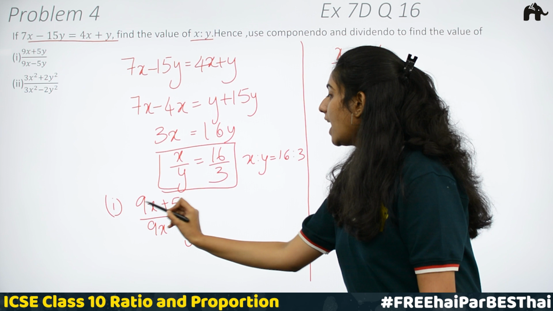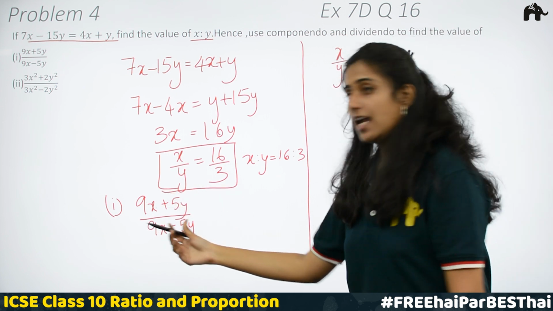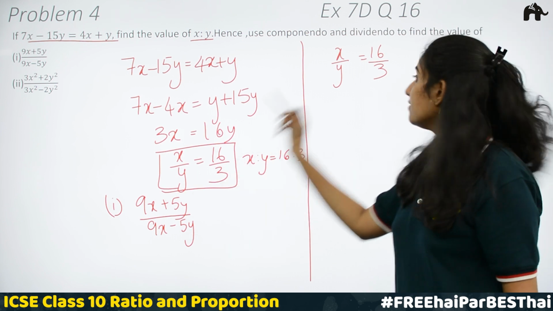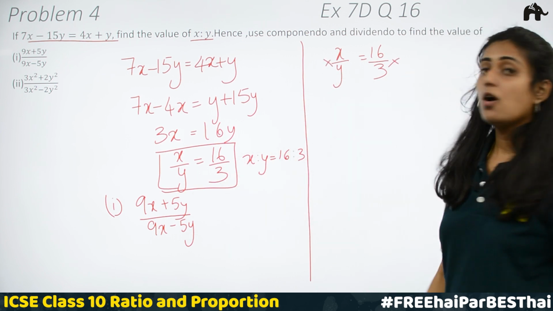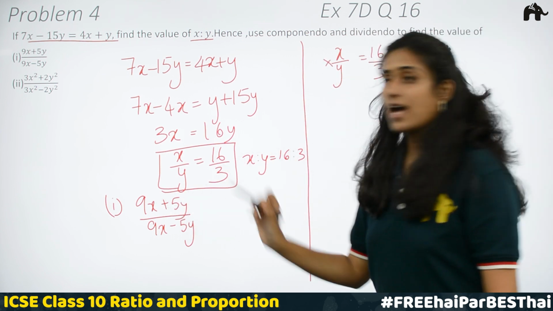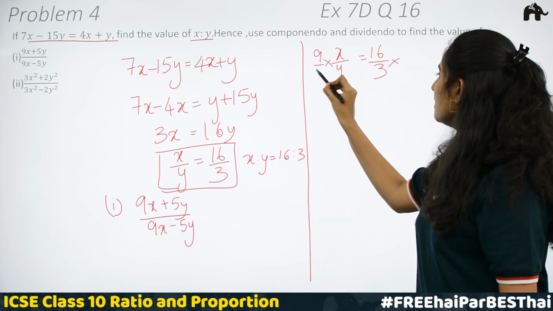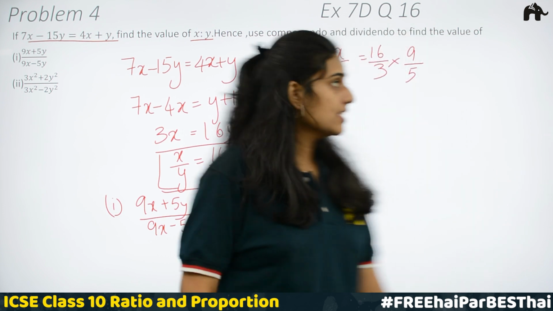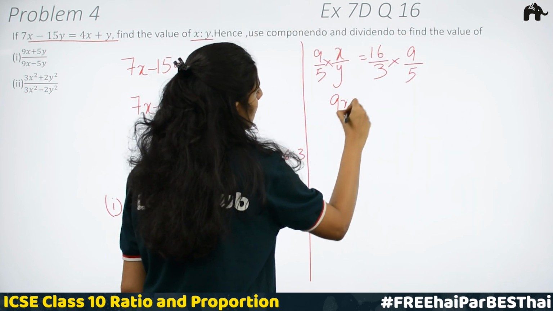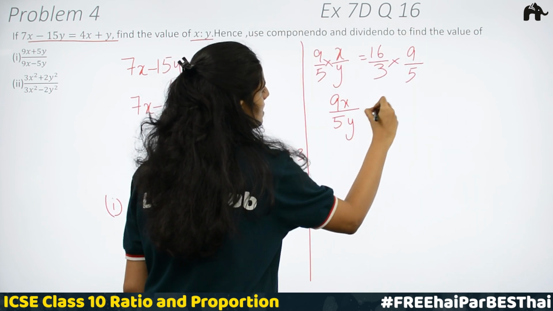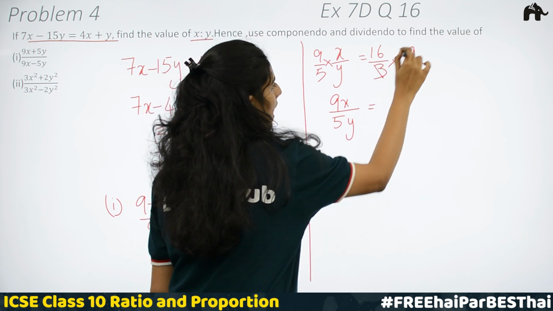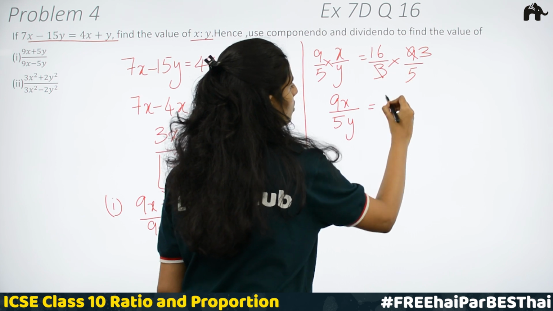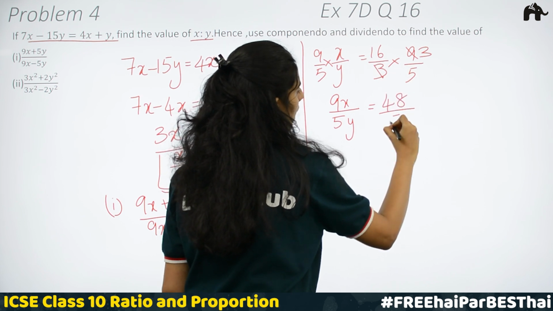Here, we have 9 and 5 in the numerator and denominator. We can use the componendo and dividendo property. For that, first we need to multiply on both sides with 9 by 5. On LHS, we get 9x divided by 5y is equal to, this 3 and 9 can be cancelled, we get 3 into 3 is 9, 16 into 3, 48 divided by 5.